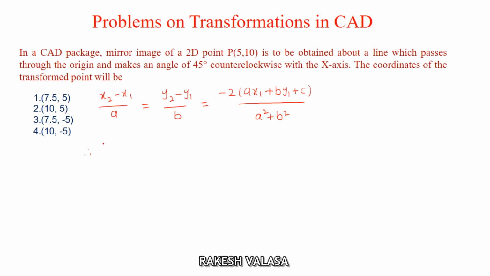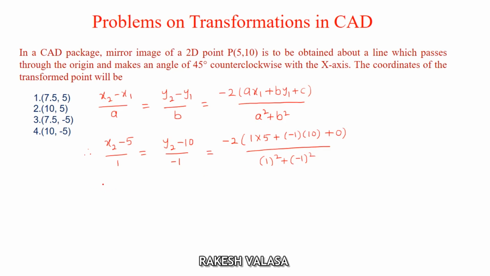Now you can substitute the values here. x2 minus x1, x1 is 5, a is 1; y2 minus y1, y1 is 10, b is minus 1, equal to minus 2 into (a is 1, x1 is 5, plus b is minus 1, y1 is 10, plus 0) by (a square, that means 1 square, plus b square, minus 1 whole square).